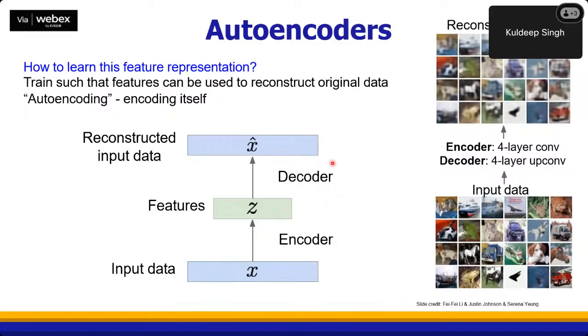In the decoder network, we can again use a 4-layer convolutional network, which gives you the reconstructed version of the input data. In this whole process, we train these two networks, encoder and decoder, and by reconstructing the same input with the help of these features, we train an encoder which gives us a compact representation of the input data.